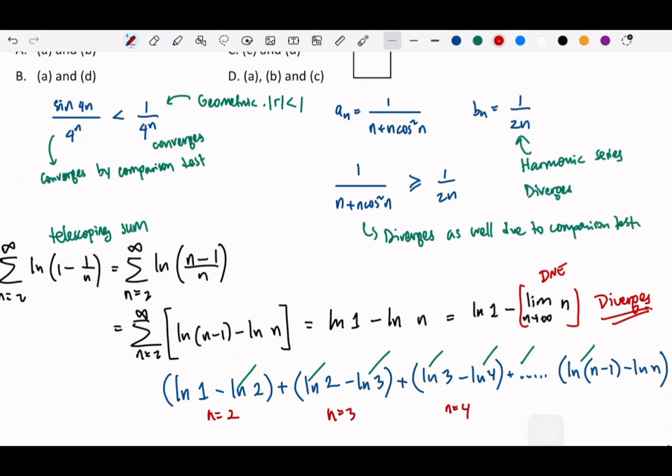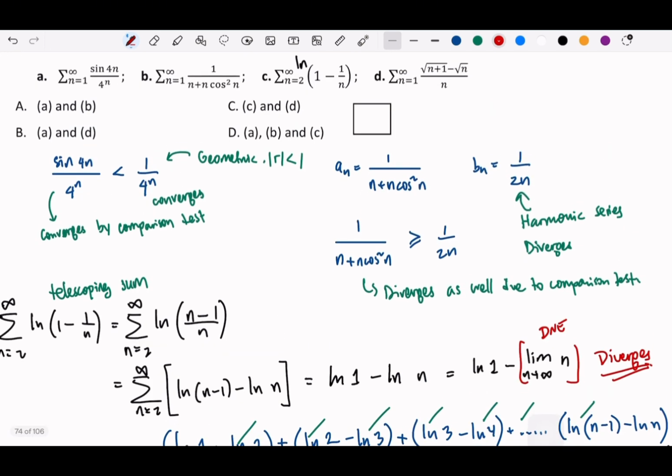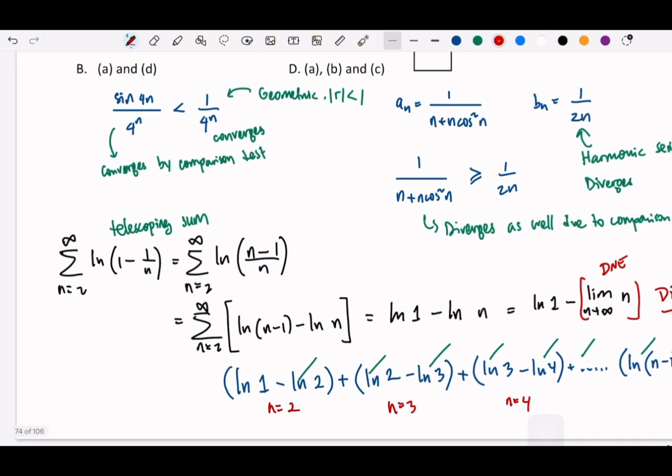Yes? Yeah, I think we can. What the n is? Yeah, it's diverged as well. Yeah, it's okay. I think we can also write this as an alternative.